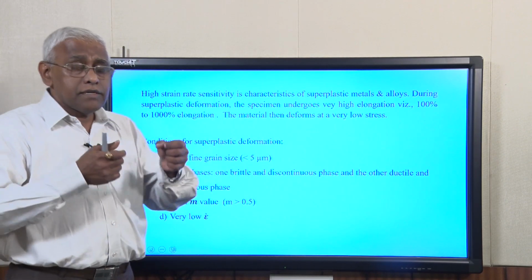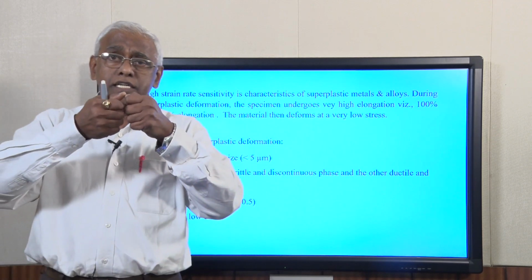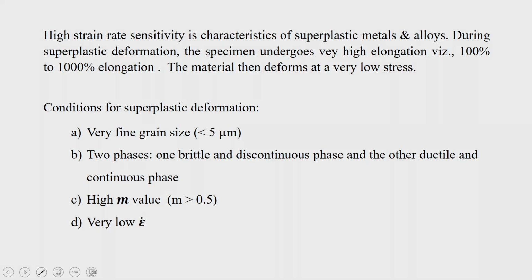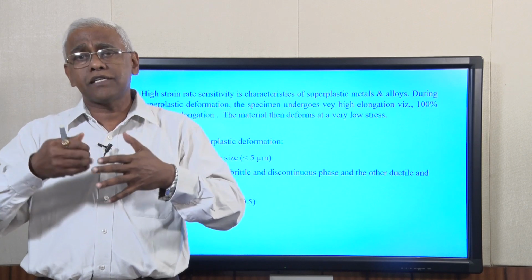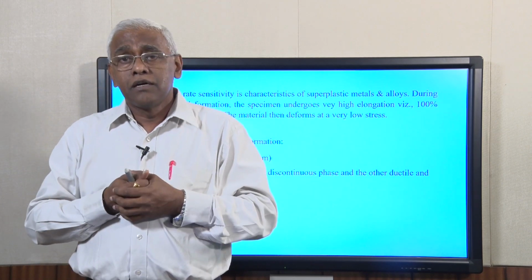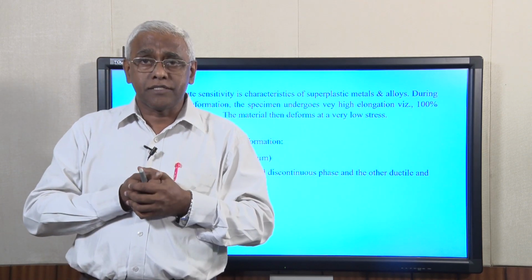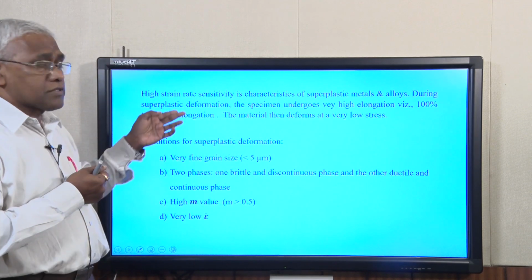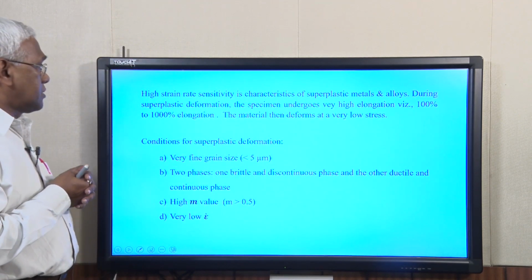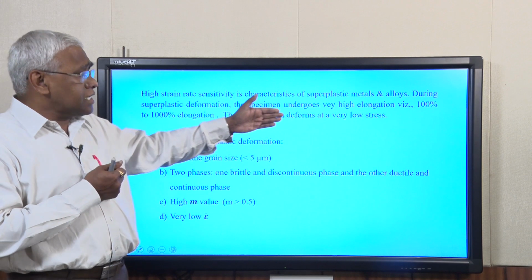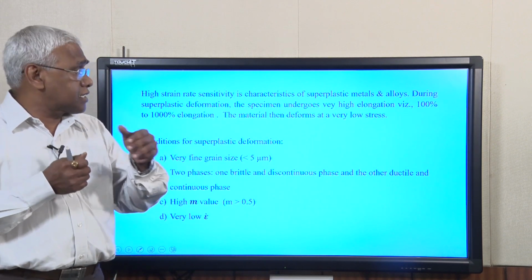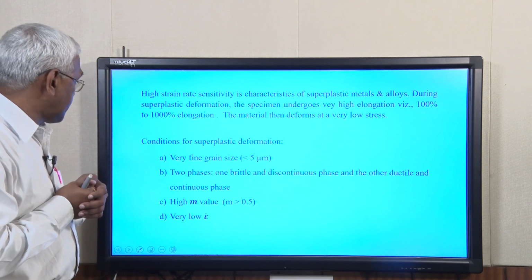Under those certain conditions you can deform it to a very high amount of strain, maybe 100, 500, 1000 or even 5000 percent depending upon the material. The percentage elongation is so high, and the material deforms under those conditions at a very low flow stress value.